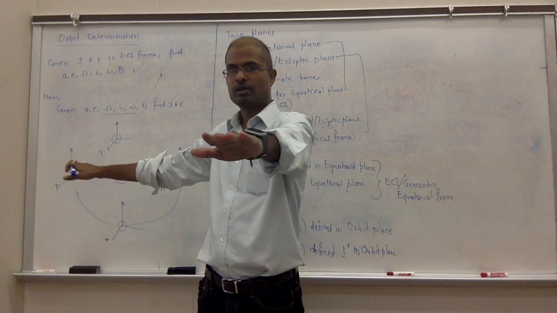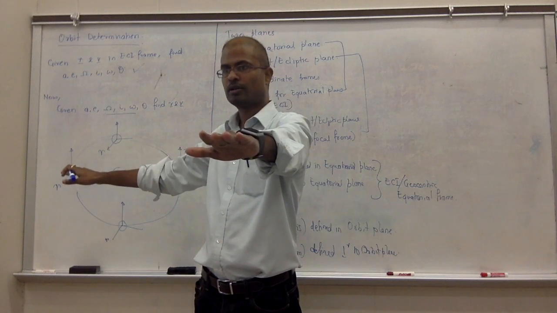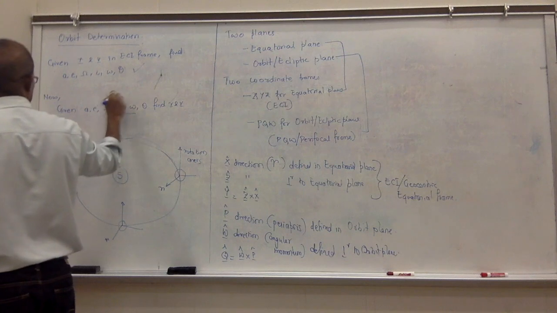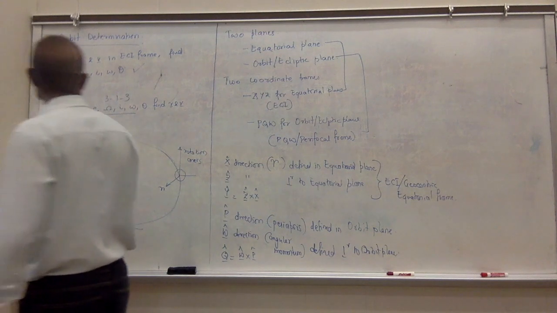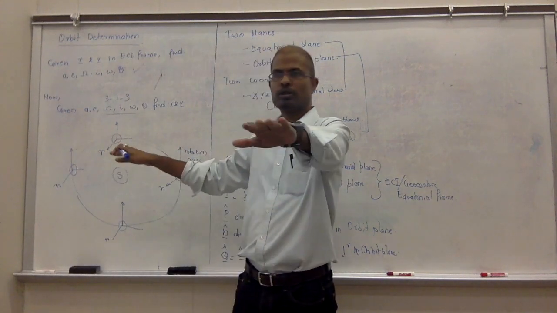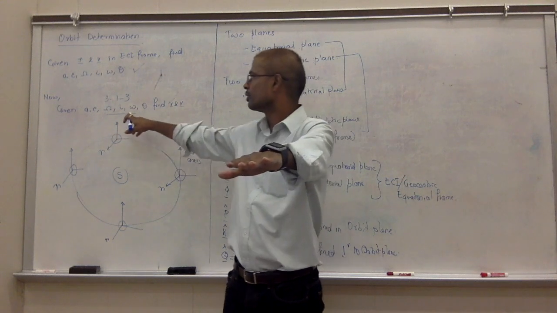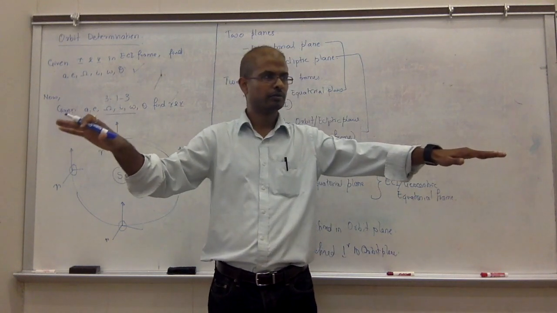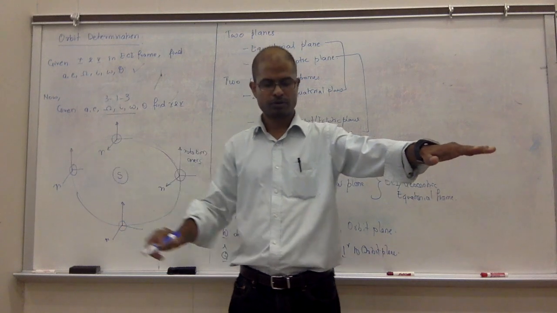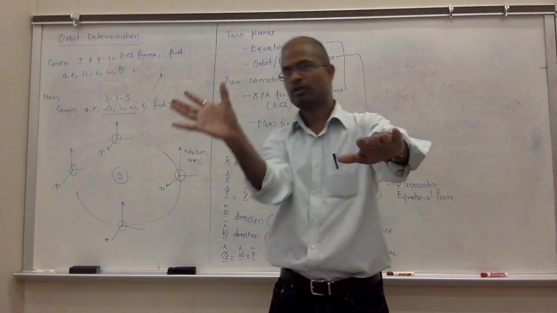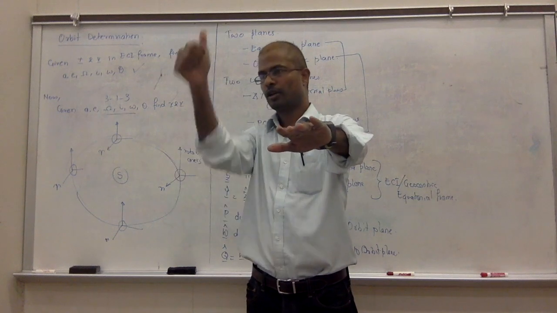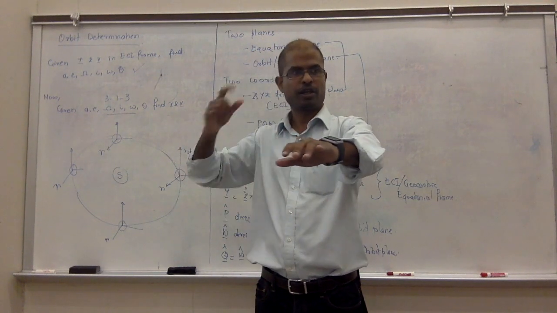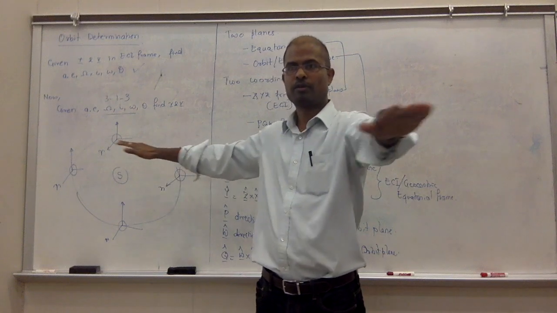So you have 3-1-3. Just remember this. 3-1-3. About the three axis, I rotate by angle cap omega. So this is about my height, the z-axis. I rotate by cap omega.